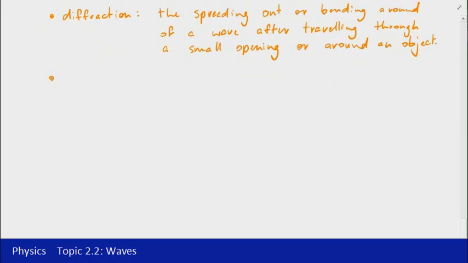The last property that we're going to summarise here is interference. Interference is the increase in amplitude or decrease, and in some cases it can actually be the complete cancelling out of two waves.